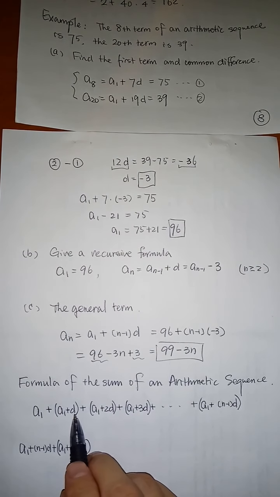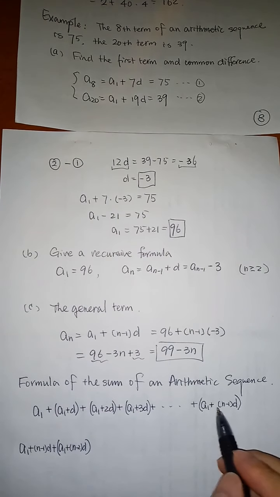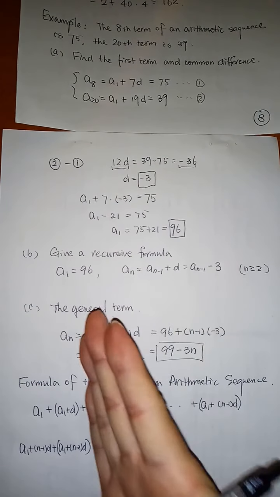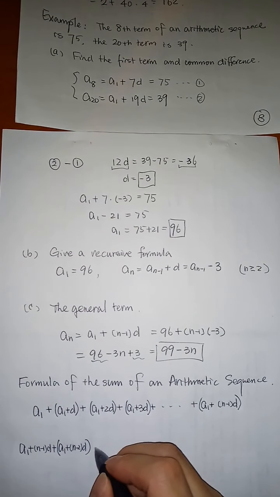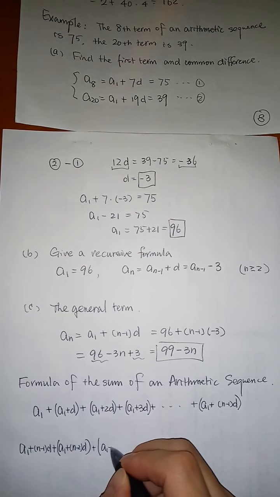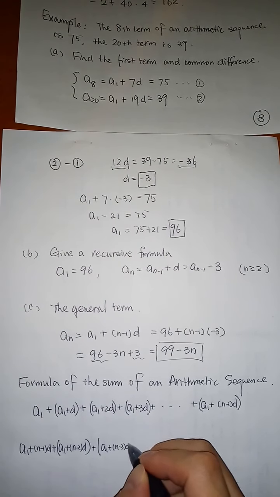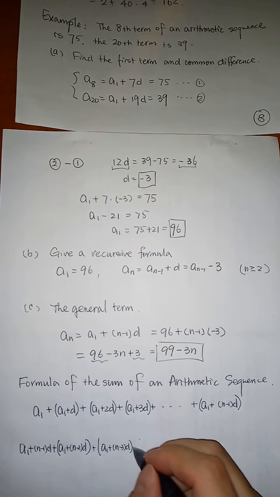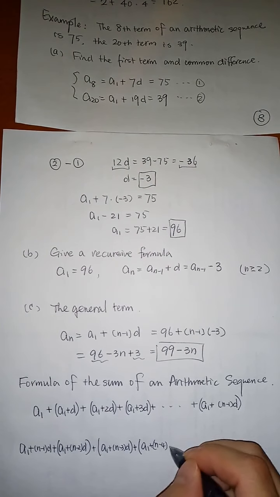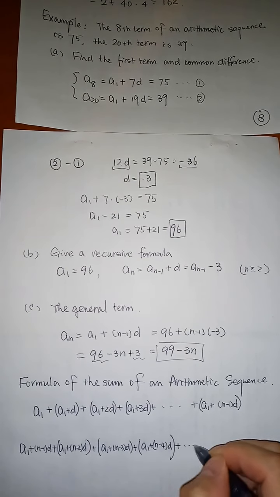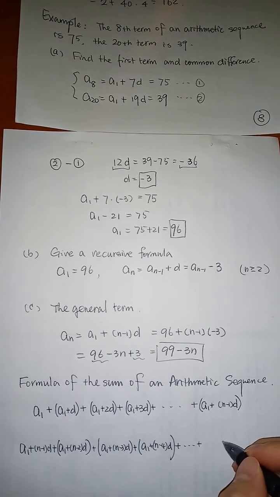The d you see here, d, 2d, 3d, 4d, 5d. And if you go backward, it's like 10d, 9d, 8d, 7d. Every time you lose a d. Here, lose means you subtract. Here's a1 plus n minus 3 times d. And this one is a1 plus n minus 4 d. Up to the final one is a1.